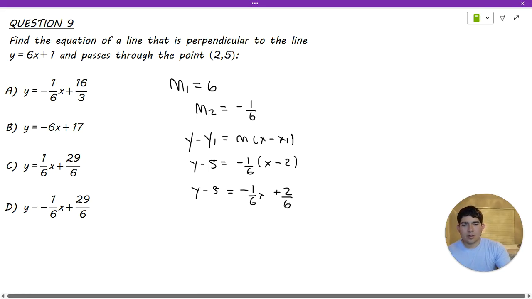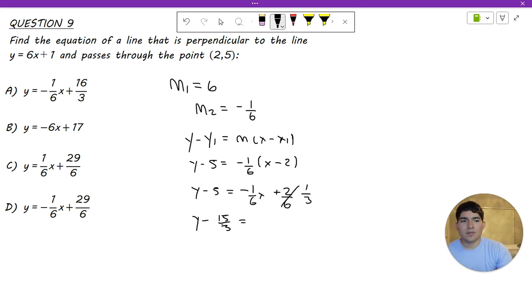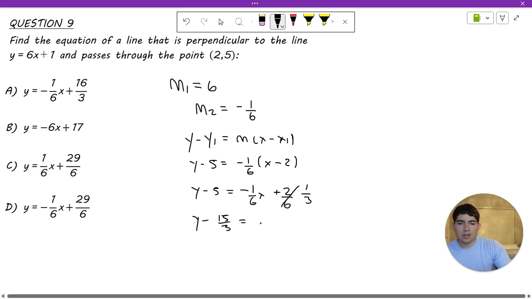As you can see, this one can simplify to 1/3. So we're going to have y minus 15 over 3, because 15 divided by 3 is equal to 5, which we had right there. So then we're going to have on the right side negative 1/6x plus 1/3.